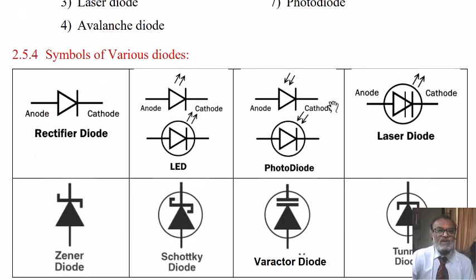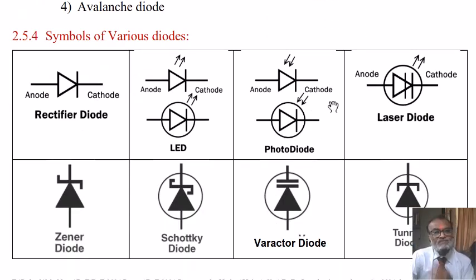The symbols of various diodes are shown here. First is a rectifier diode or conventional ordinary diode, whereas second is a LED in which the light arrows are shown here that indicates the light is coming out from the diode whenever it is in forward bias.